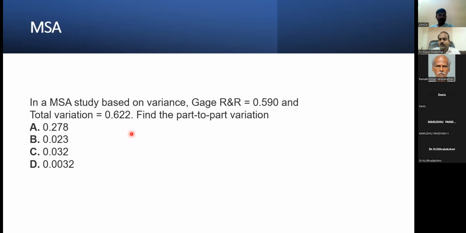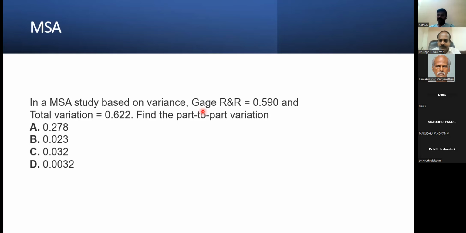What is part-to-part variation? Process variation. I repeat the equation. Total variation is equal to measurement variation plus part-to-part variation.